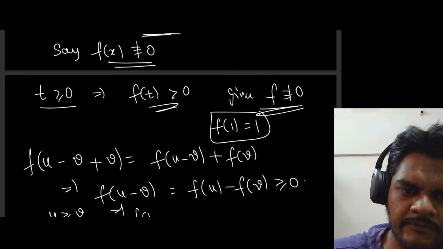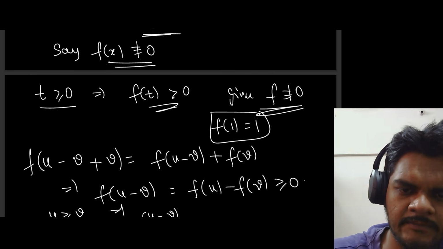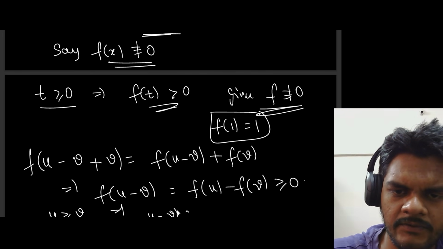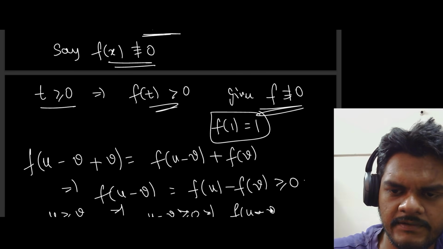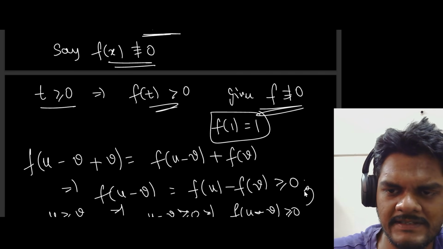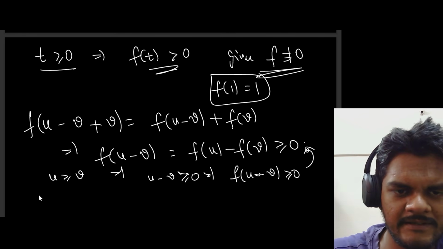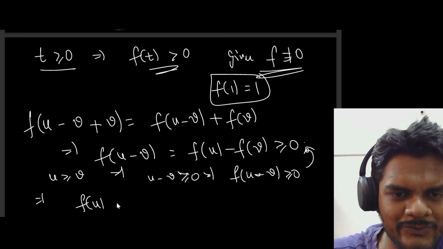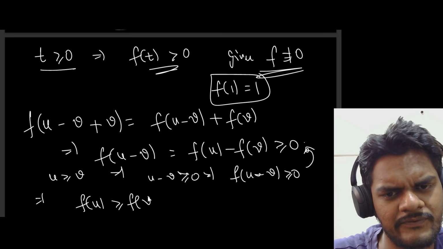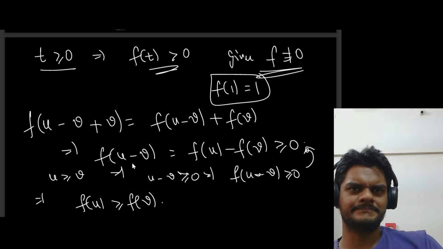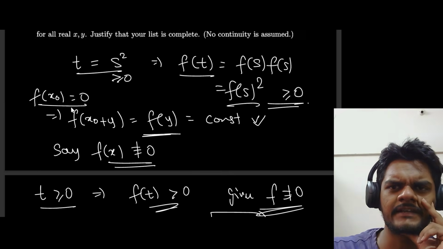It implies f of u minus v is positive. This implies that f of u is greater than or equal to f of v. That is interesting to observe.